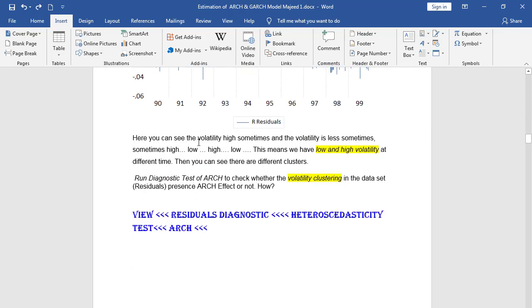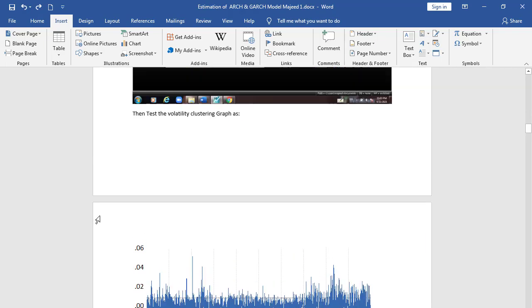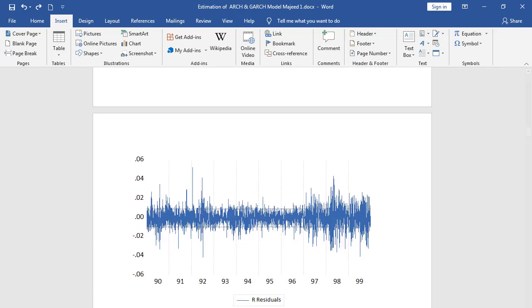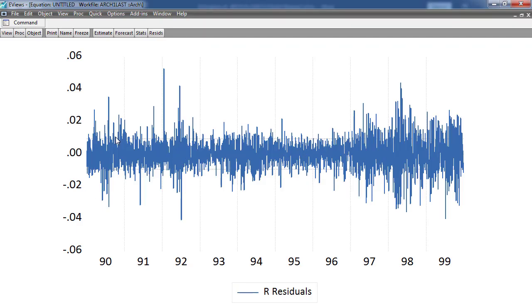Volatility is high sometimes and less sometimes, high sometimes, low sometimes. In the outcome, clustering means large changes are followed by further large changes, and periods of small changes are followed by periods of small changes.